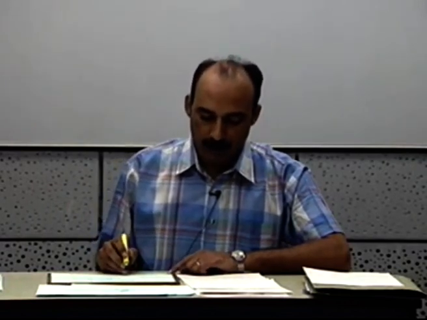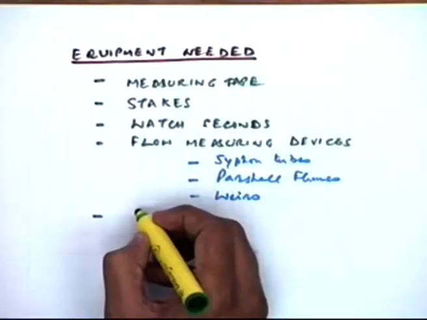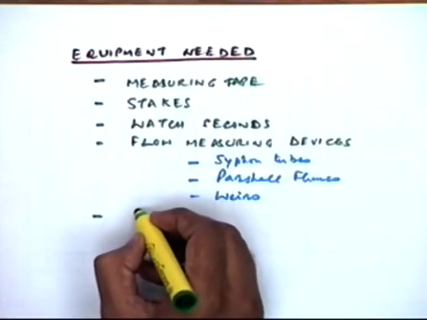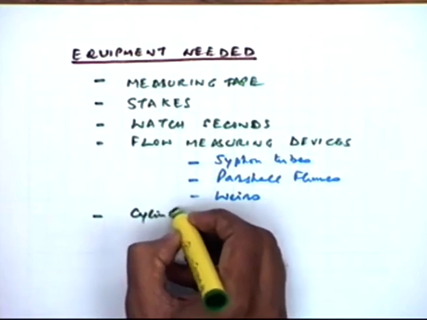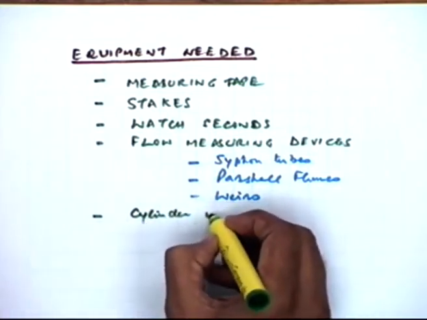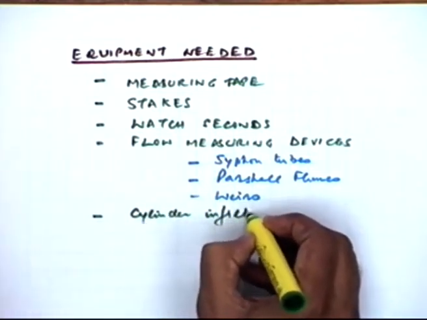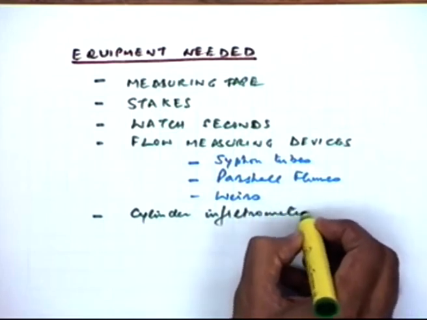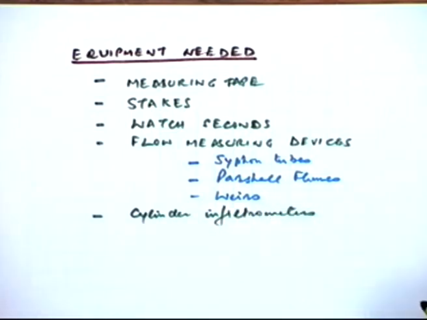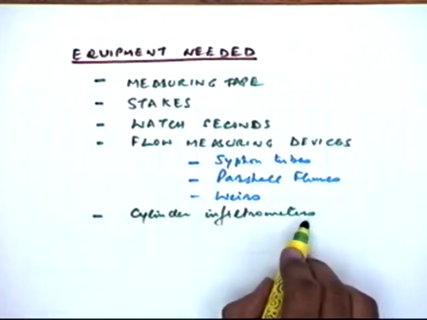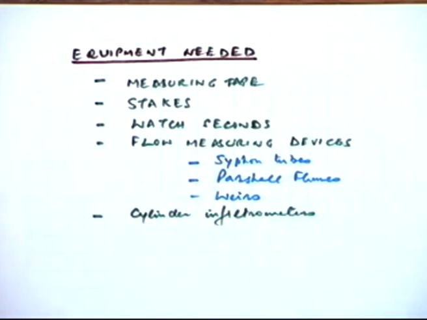Then you will require the equipment for the infiltration, and we have seen that the cylinder infiltrometers are used for that purpose. So you can have one set or two sets, because you would like to observe the infiltration characteristics at some different locations of the field so that you can take the average.